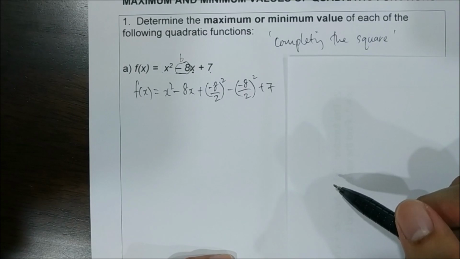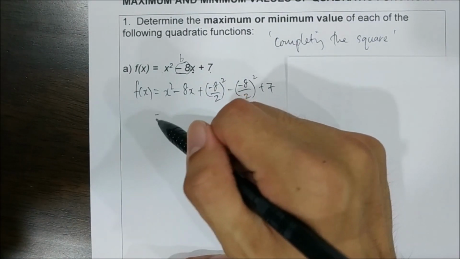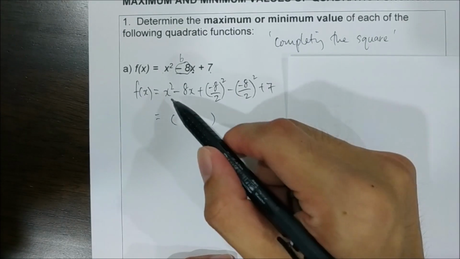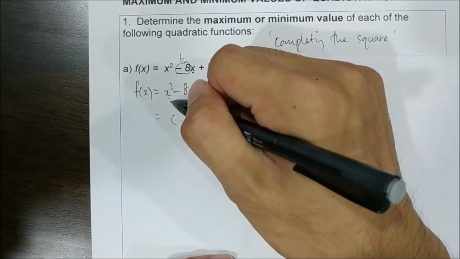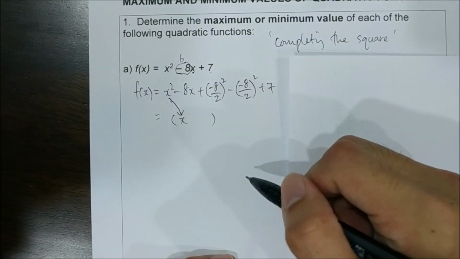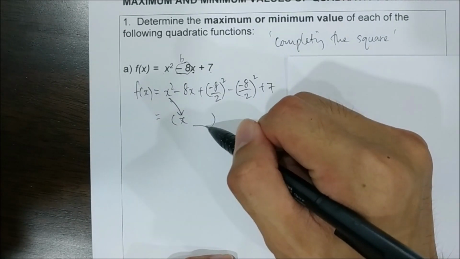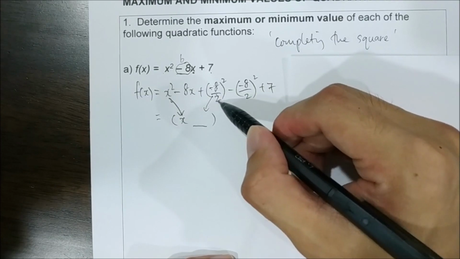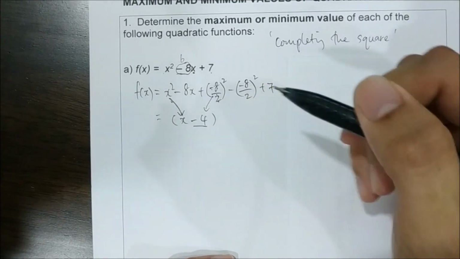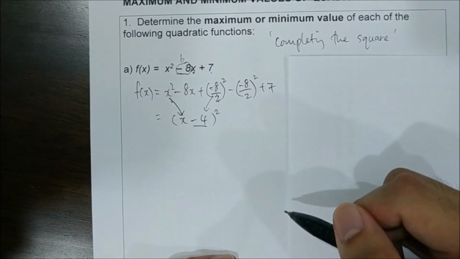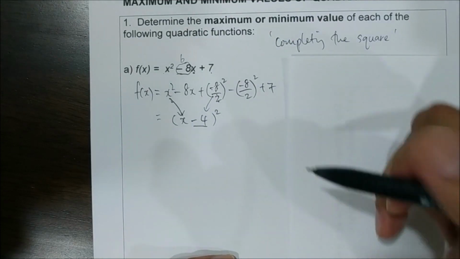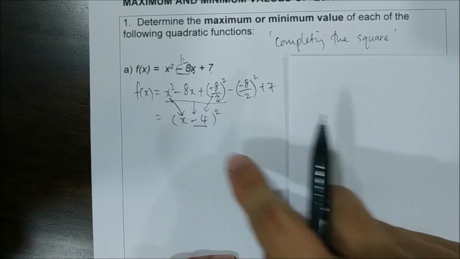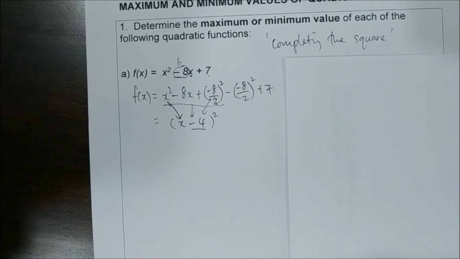Then what happens next is this equals a big bracket, where inside here you write the x, and then you take the value of -8 over 2, which is -4. Then you square it. So now this part has already become (x minus 4) squared.